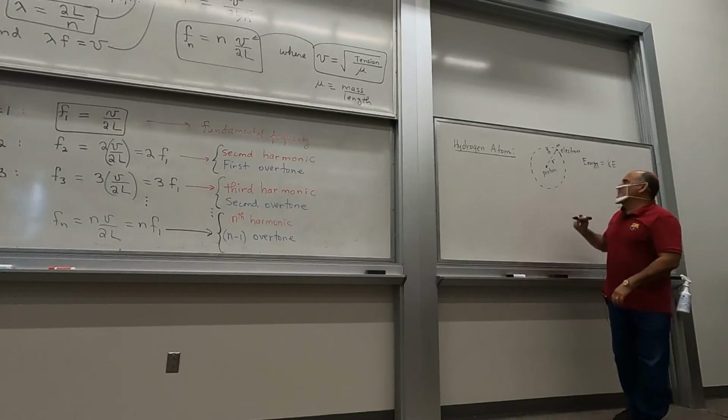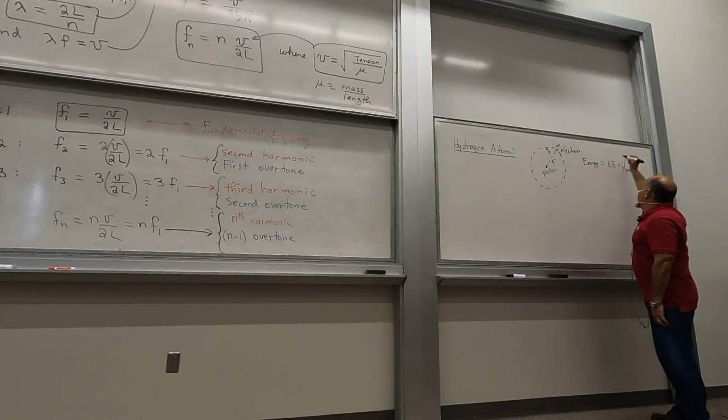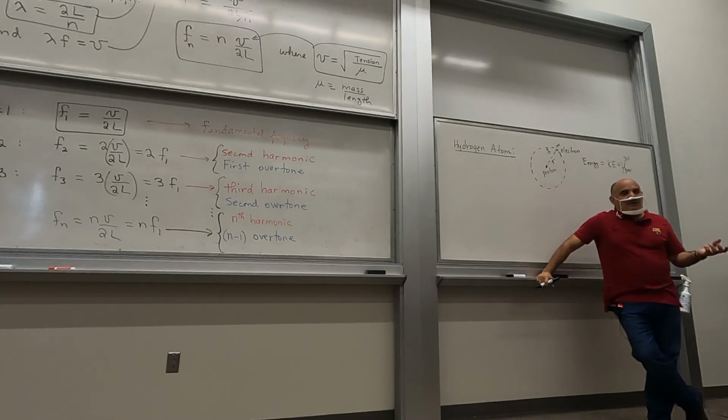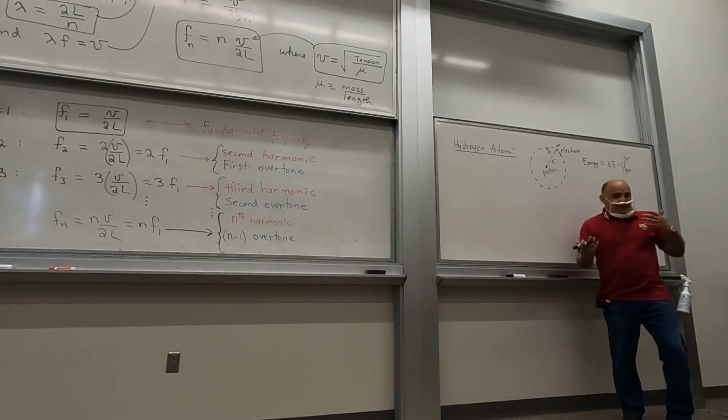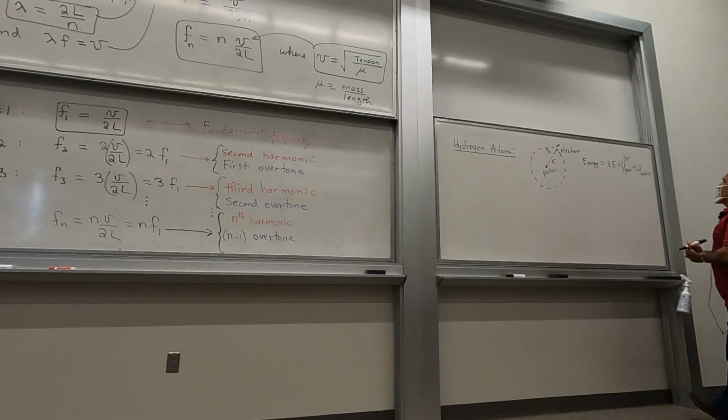So you could add, if you like, plus gravitational potential energy, but that's very, very small compared to the other force of interaction between the proton and the electron. They're both charged particles, so they exert, in addition to gravitational forces, because they both have mass, they also exert electrical forces. And there is an energy associated with the electrical force, and it's called the electric potential energy. And that you don't neglect.